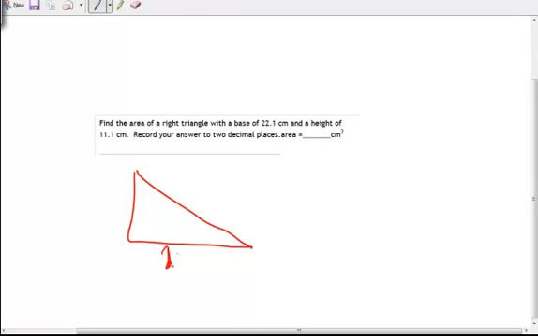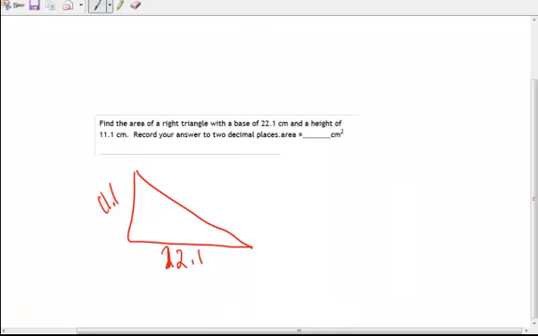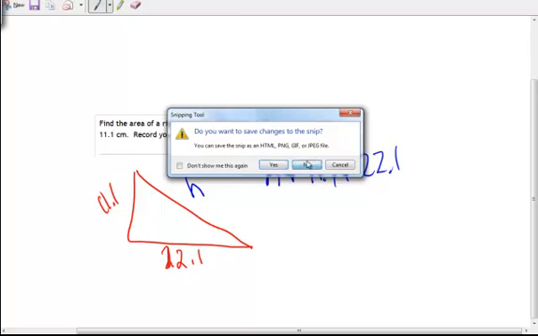If this is 22.1 and this is 11.1, you're gonna have to use your calculator and use the Pythagorean theorem. 22.1 squared plus 11.1 squared. And then when you get that answer, it goes here, the hypotenuse, and then you would just take the hypotenuse plus 11.1 plus 22.1, and that'll be your answer.